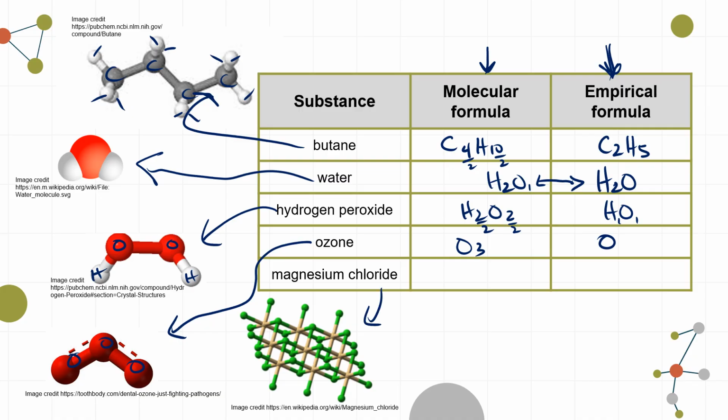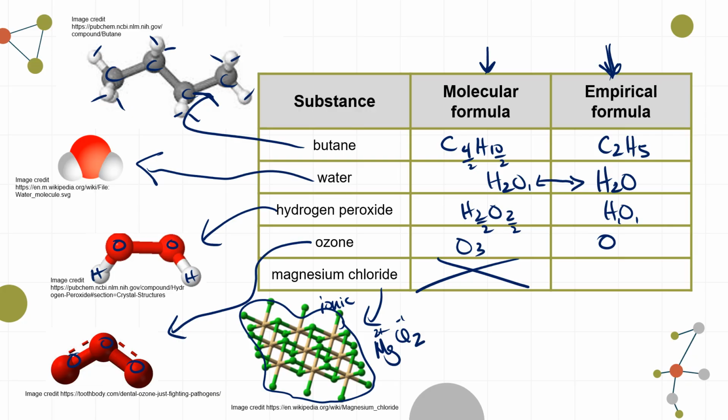It's an ionic compound. We know that magnesium has a charge of +2 and chloride has a charge of -1, which means that we need 2 chlorines to balance out the magnesium. This is not the molecular formula, because we know that ionic compounds have these super cool lattice structures that have indefinite numbers of atoms. So I cannot know exactly how many atoms of each element are in every molecule because there are no molecules, they're lattices.